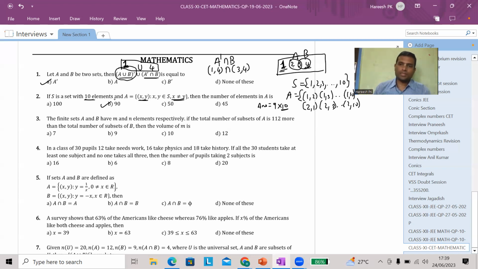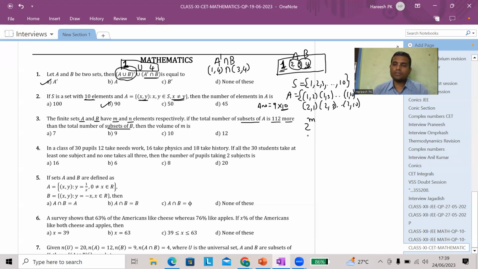Let's move to the third question. This is again a straightforward one. They're saying sets A and B have m and n elements respectively. Number of subsets of A is 112 more than subsets of B. So if A has m elements, subsets of A is 2 power m.